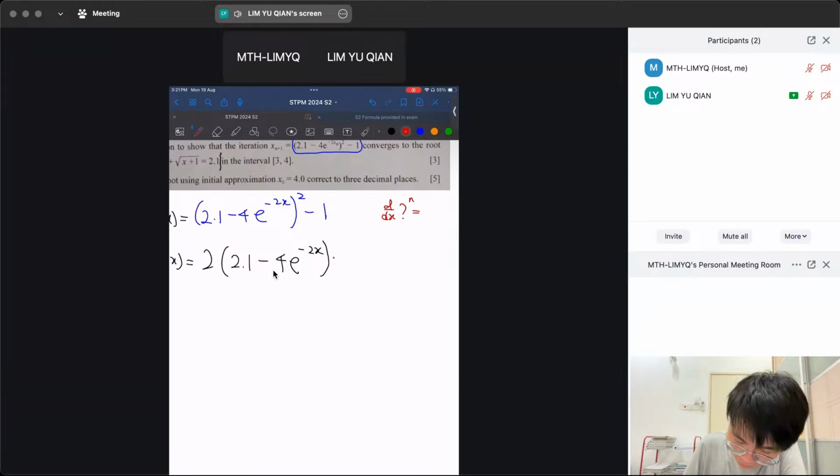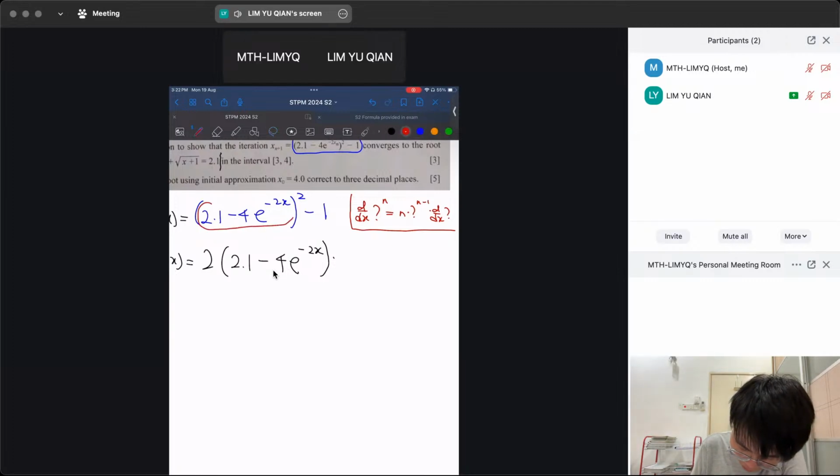Okay, it is equal to n multiplied by the question mark to the power n minus 1, multiplied by d/dx of the question mark. Okay, so differentiation of the question mark: this is a question mark.